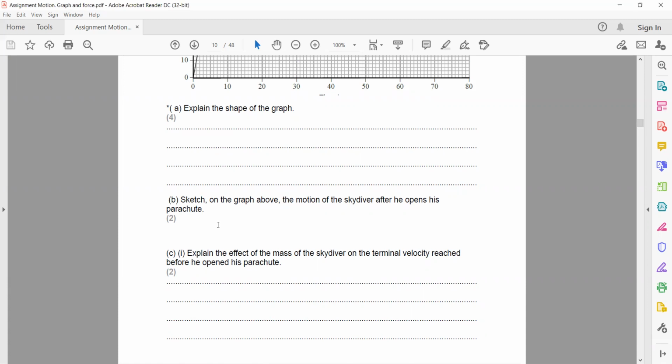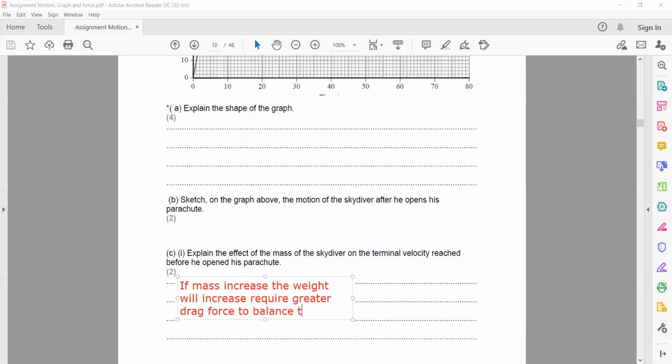So if mass of a skydiver increases, the weight of the skydiver increases, then it requires greater air resistance or drag force to balance the weight, which results in higher terminal velocity.